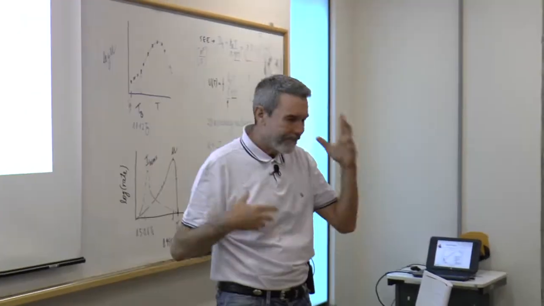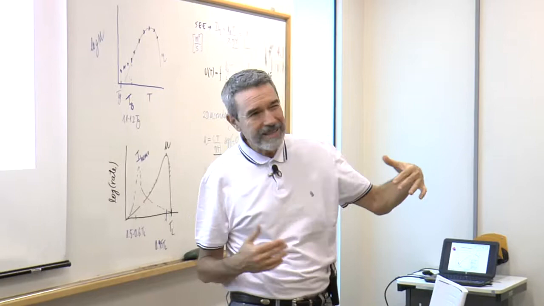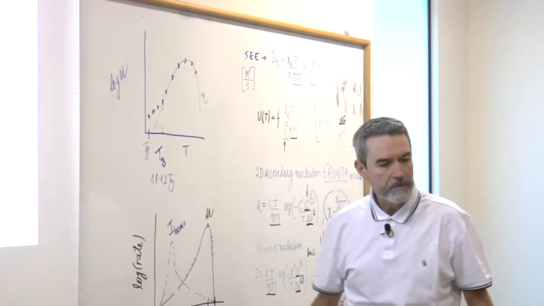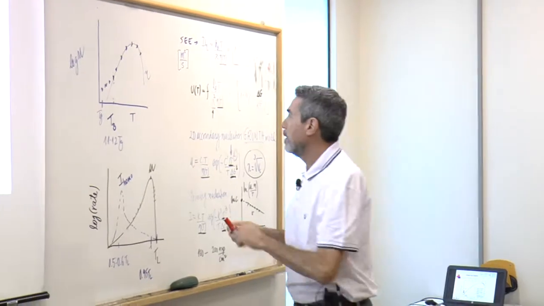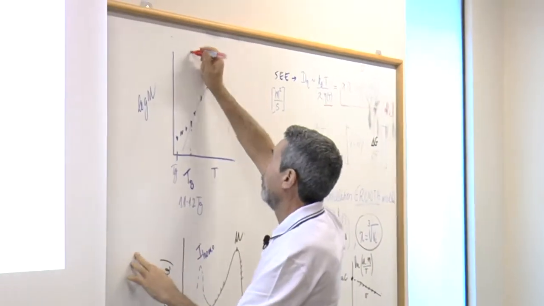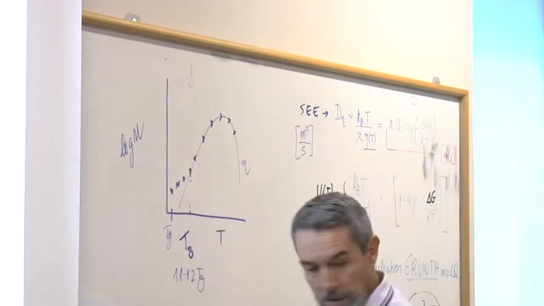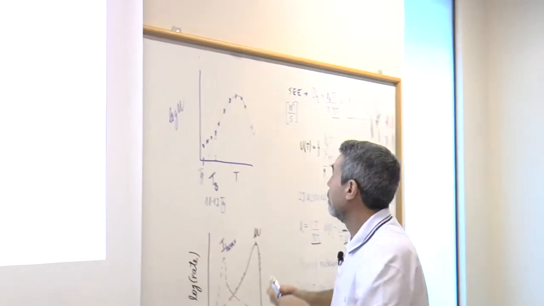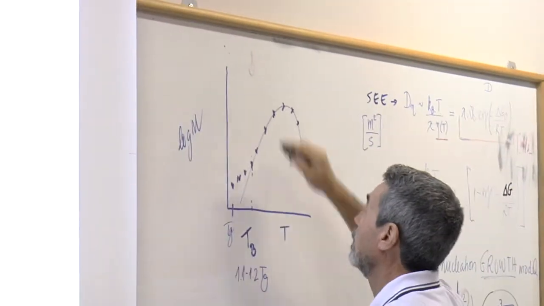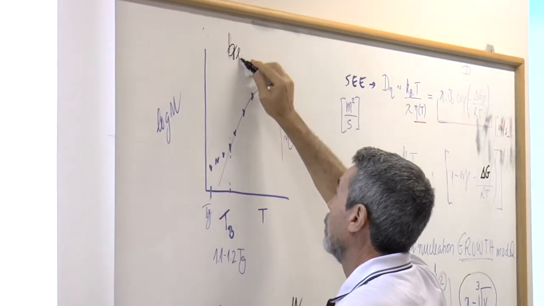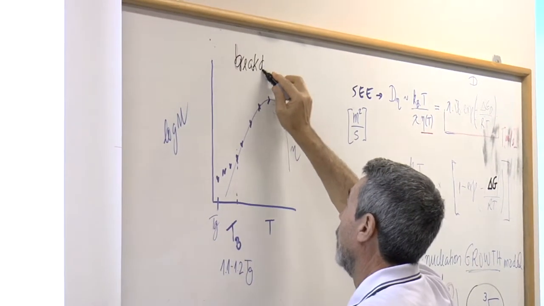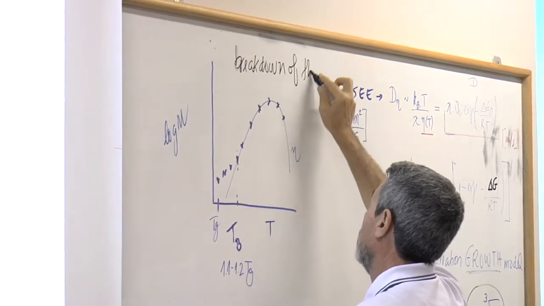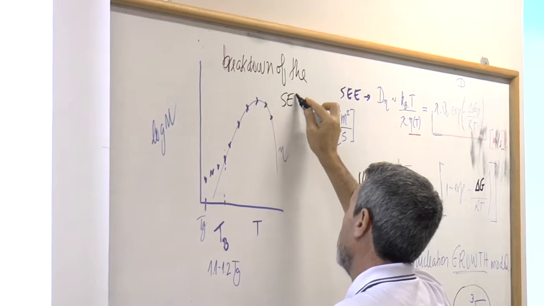Otherwise you'll be wondering why it doesn't fit, but this is because of the breakdown of the SEE. So let me write this down. This is the breakdown of the SEE.